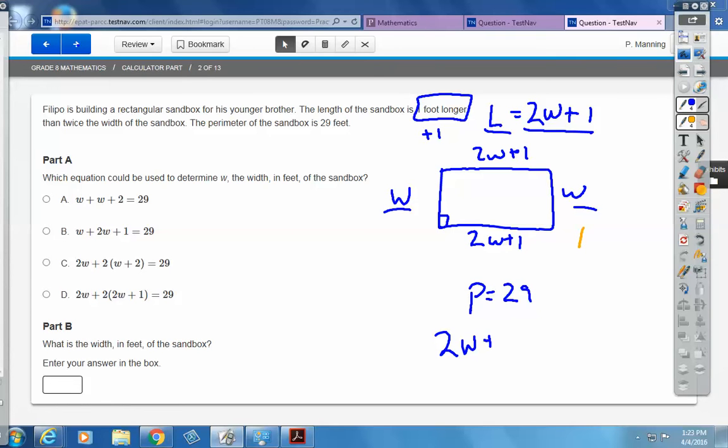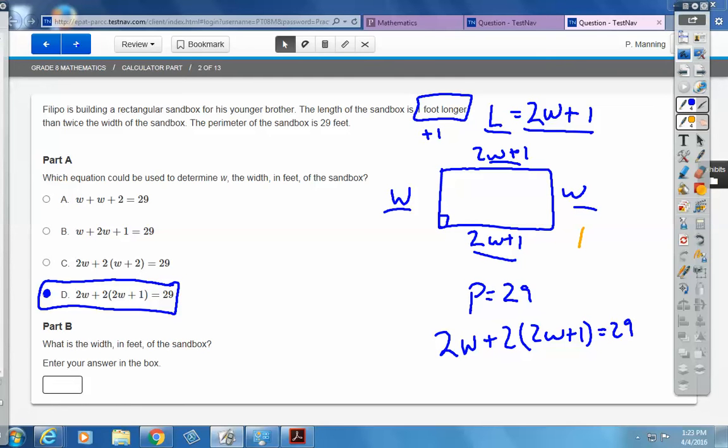And I'm adding to it 2 groups of this and this. Looking at my options, I do have that option right here, so I would click that one.